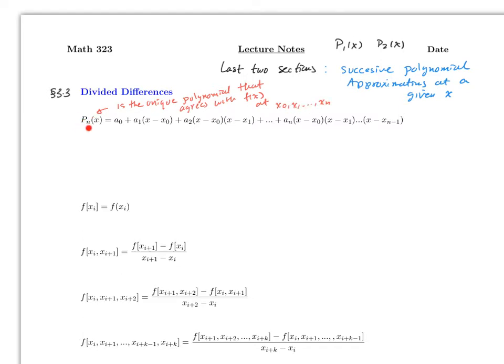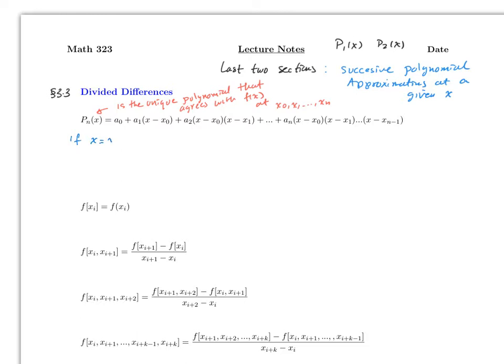Okay, so this is the same Pn that we've been using before, but now we're interested in finding the actual polynomial. So the goal of the divided differences is going to be to find the coefficients, because this is technically given.